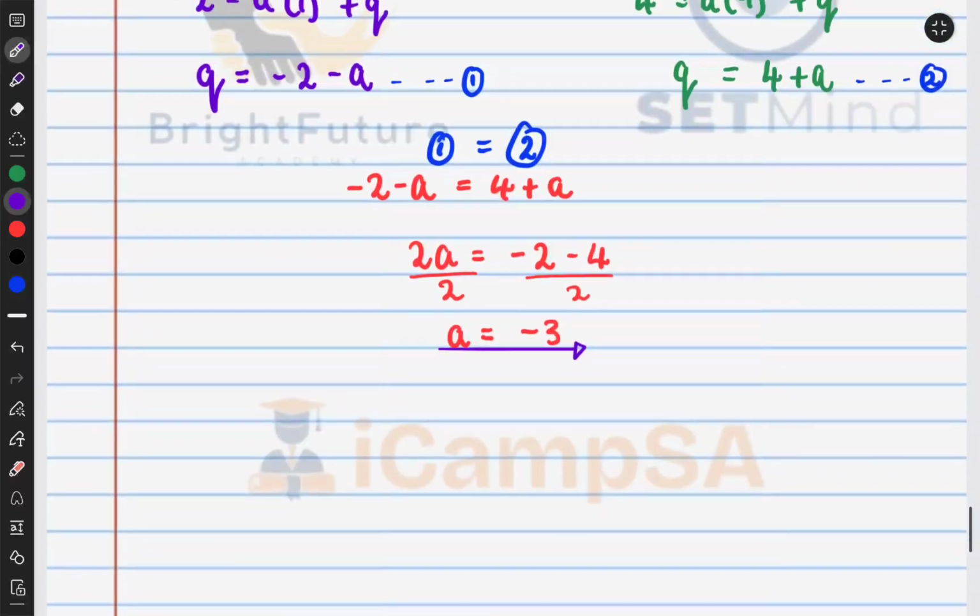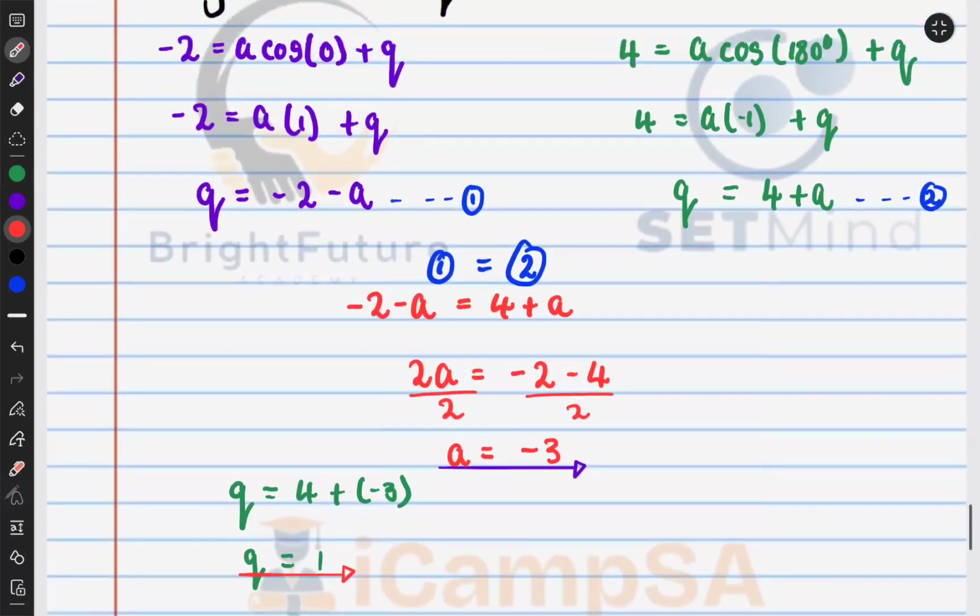Okay, and then next we solve for what? We solve for q. Take any: q is equal to 4 plus a, where a is negative 3. Therefore, q is going to be 4 minus 3, which is 1.